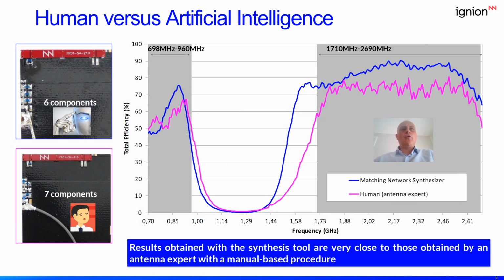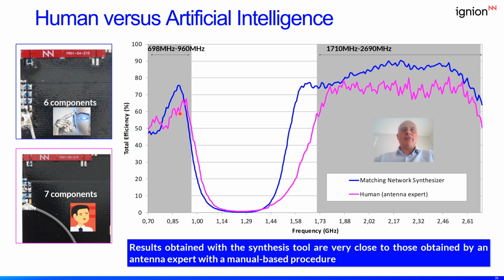In order to further see the advantage of the automatic design process, here we illustrate the total efficiency obtained by a matching network designed by hand and the matching network in blue obtained by this automatic process based on matching network synthesis.